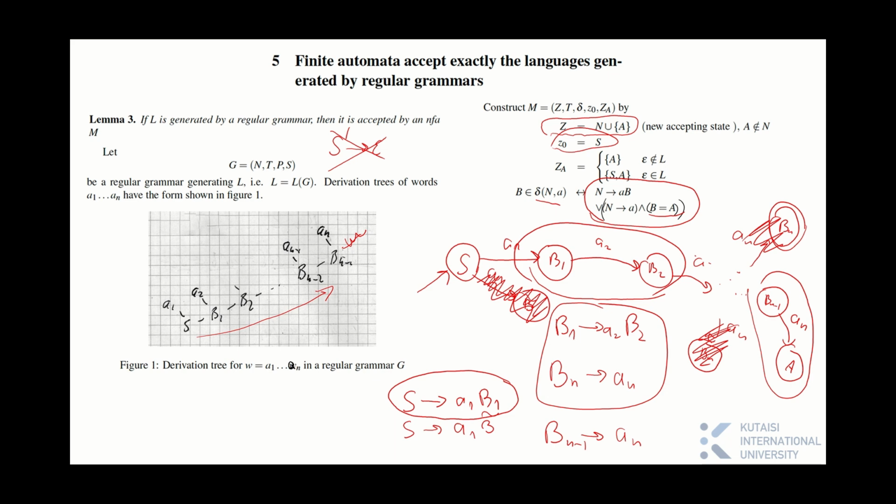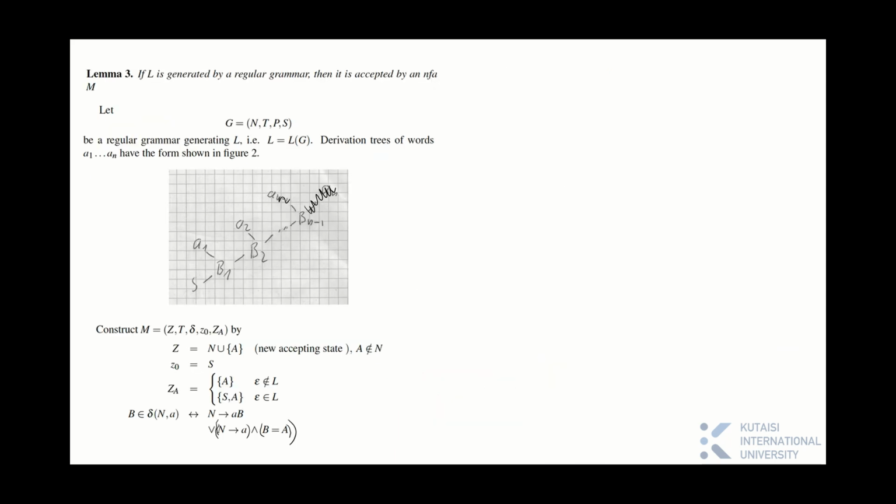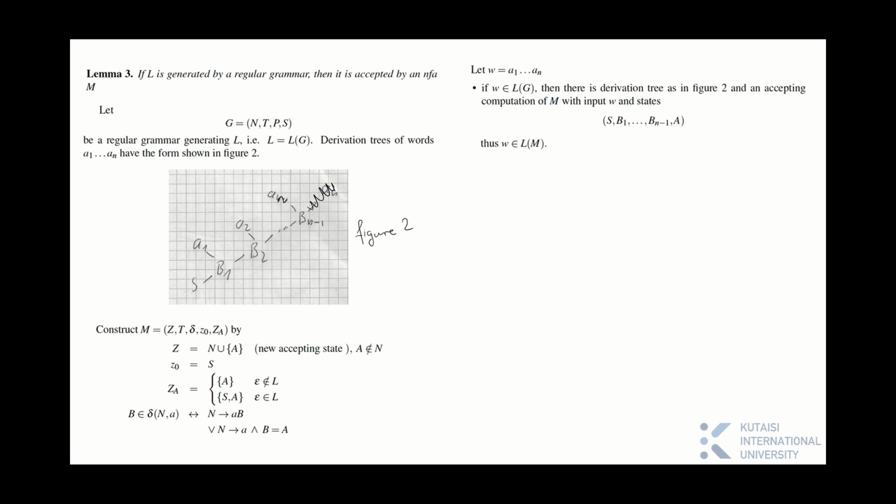So every time you can draw a tree, and we proved in our exercise that if you can draw the tree, you can derive it in a grammar. This just says that if you can derive it in your grammar, you can build an NFA that accepts it. And it turns out you can do it vice versa. So here is the proof.